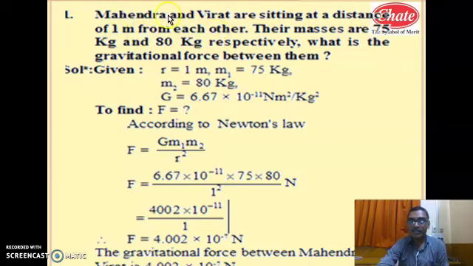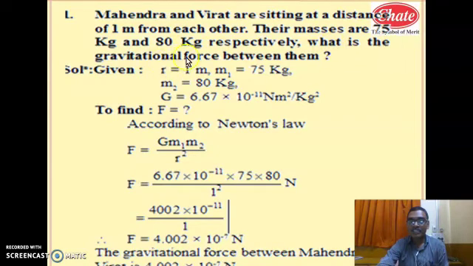Mahendra and Virat are actually two boys, but as per Newton's universal law of gravitation, we have to consider these two boys as two objects. Their masses are 75 kg and 80 kg respectively. So the mass of Mahendra is 75 kg and the mass of Virat is 80 kg.